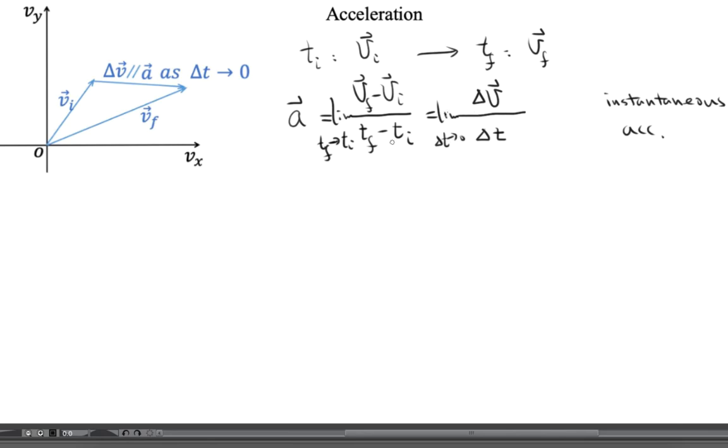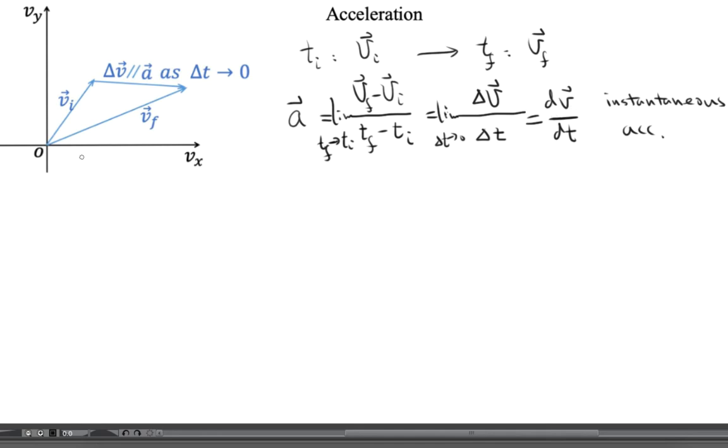Then what we have here is called instantaneous acceleration, and that's the definition of the derivative. So we get dv dt. Okay, so that's the instantaneous acceleration from the derivative of the velocity.